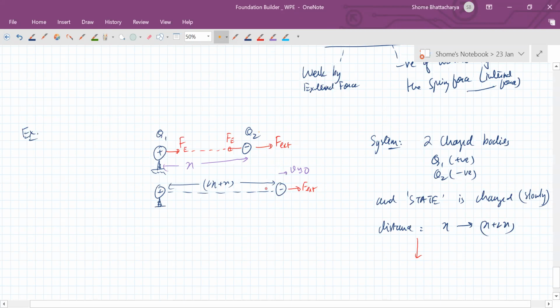So the external force will have to do work against the electrostatic force. Here Fe is the electrostatic attraction force, which will become the internal force of the system.